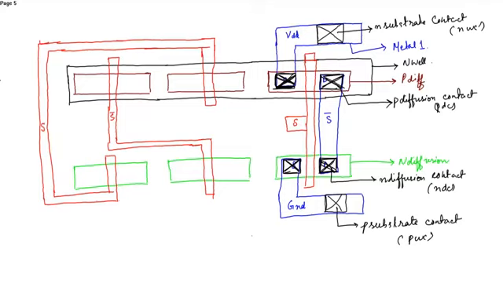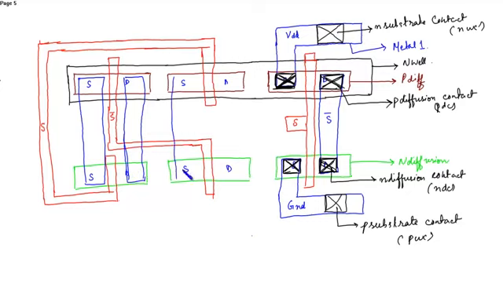Before connecting with the inverter, first we will complete the transmission gate. That is, this is the source, drain, source, drain, source, drain. Note that the sources of the transmission gate and the drain of the transmission gate are connected.